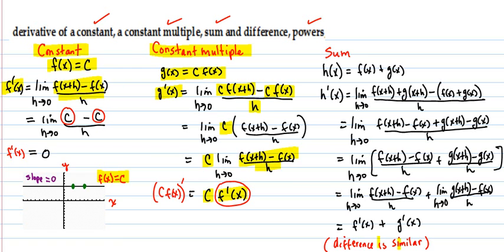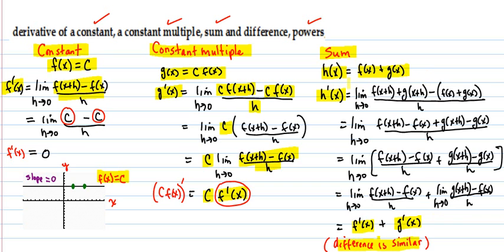Then we come to the sum rule, which says that the derivative of a sum of two functions is the sum of the individual derivatives of the functions, and a difference is similar. The way this works is h of x is f of x plus g of x.